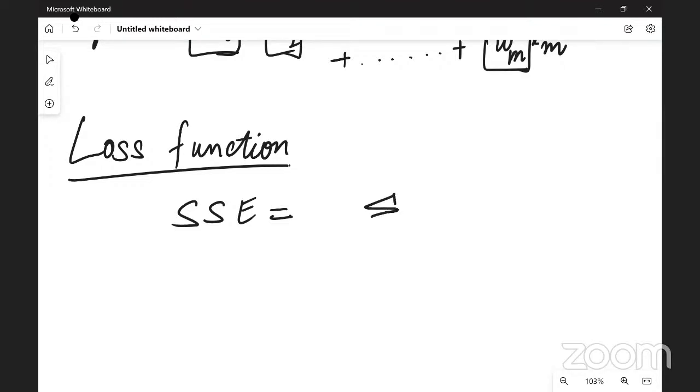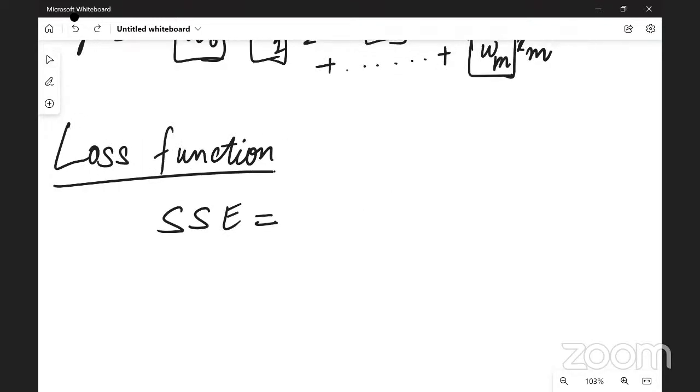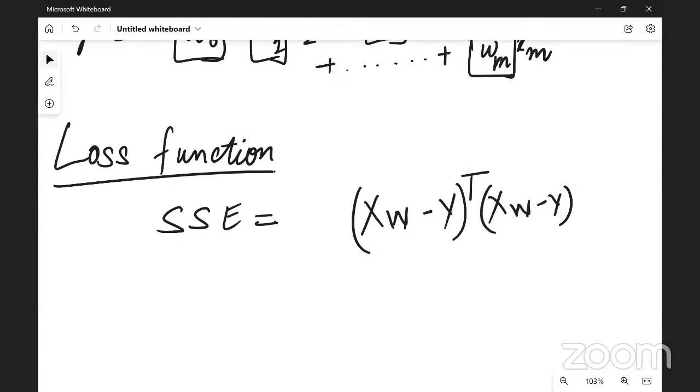So it should be xw minus y, transpose, times xw minus y. So this is a vector notation.